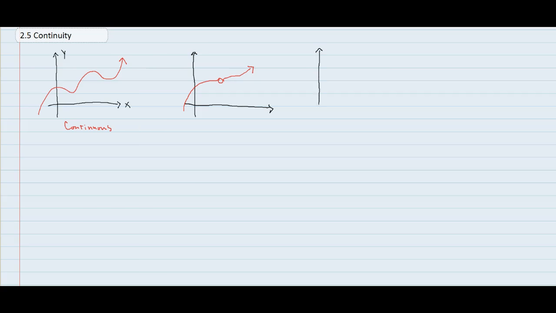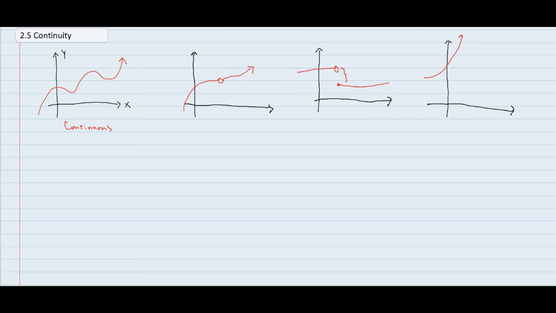the ones that have gaps, now the gap can be finite or infinite. So it could be something like this, where you have that finite gap, but also it could happen that you have something like a vertical asymptote where you have an infinite gap like this.